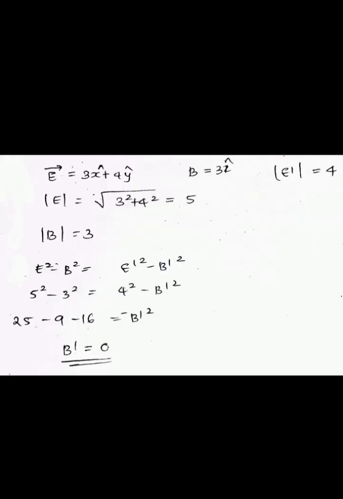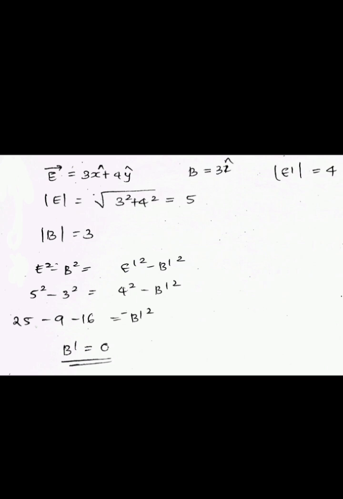Here we know that E is equal to 3 x cap plus 4 y cap. So the magnitude of E is equal to square root of 3 square plus 4 square, this is equal to 5, and here B is equal to 3 z cap, so the magnitude of B is equal to 3.